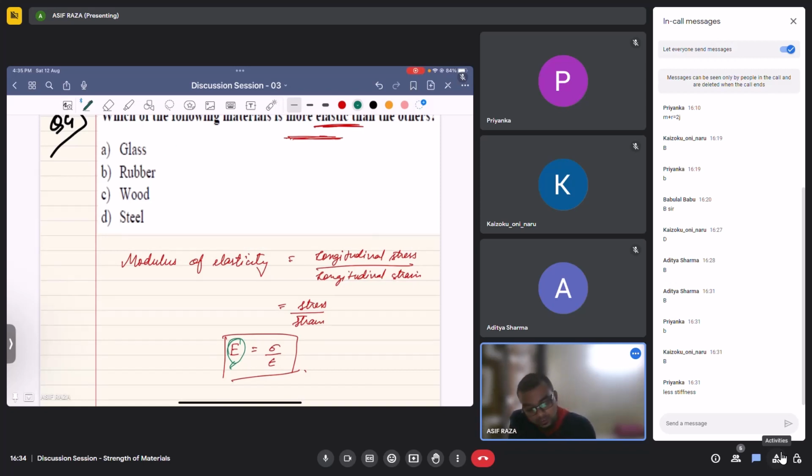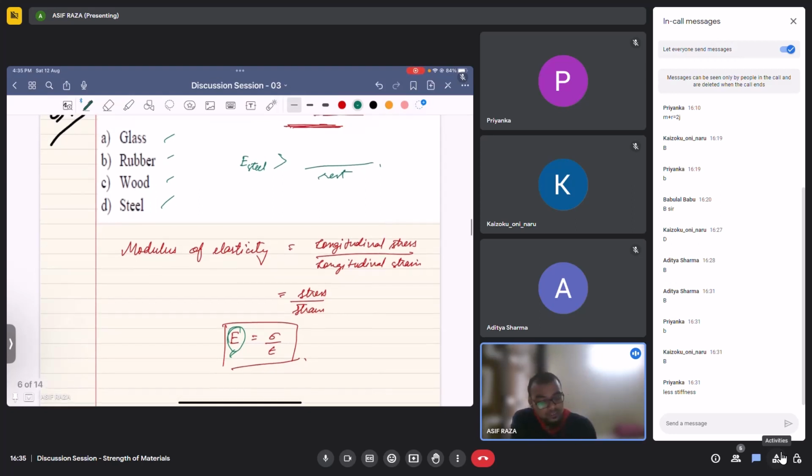If you compare all the four, the Young's modulus of steel is greater than the rest, even greater than the rubber. So steel has a tendency to attain its original configuration more as compared to rubber.